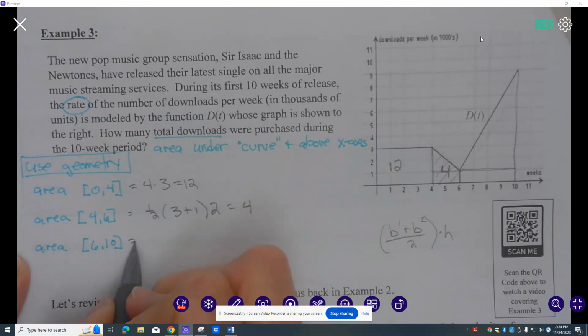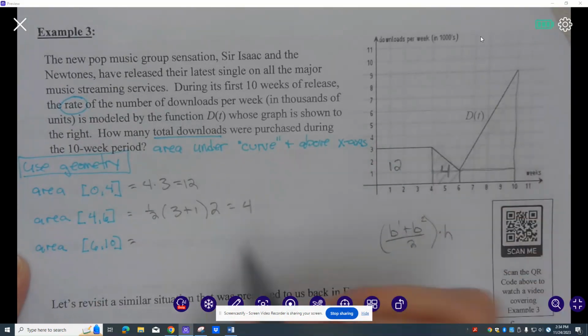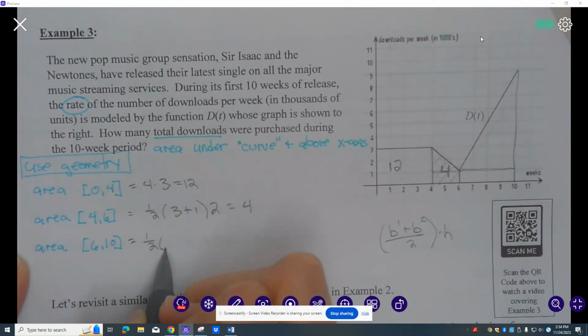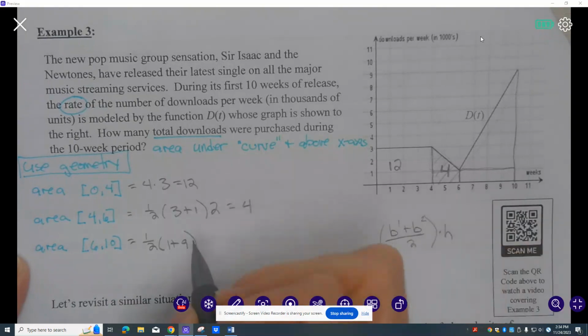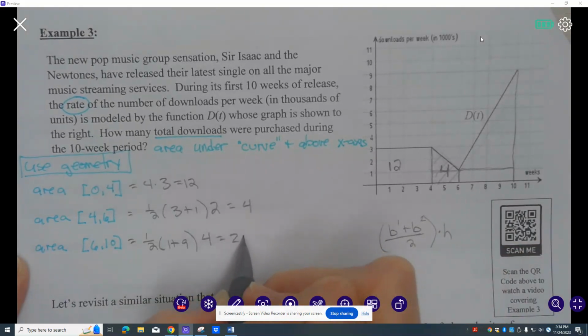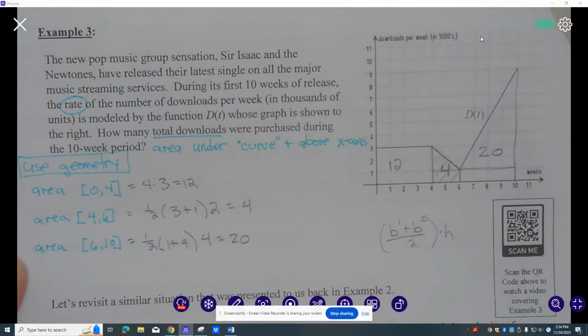The third one is another trapezoid. The first height is 1, the second height is 9, so I'm going to do 1/2 times (1 plus 9) times the width, which is 4, and you get 20. So that's the area of the trapezoid.